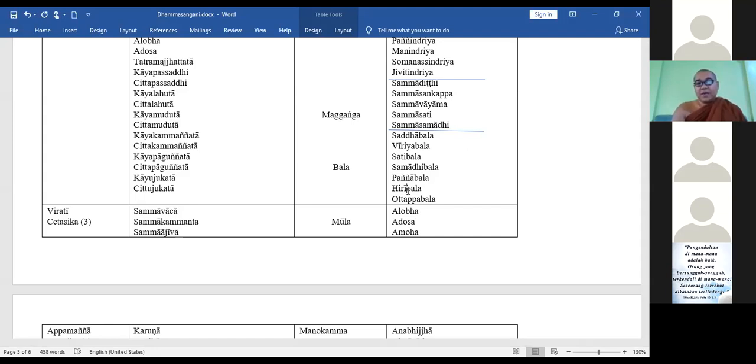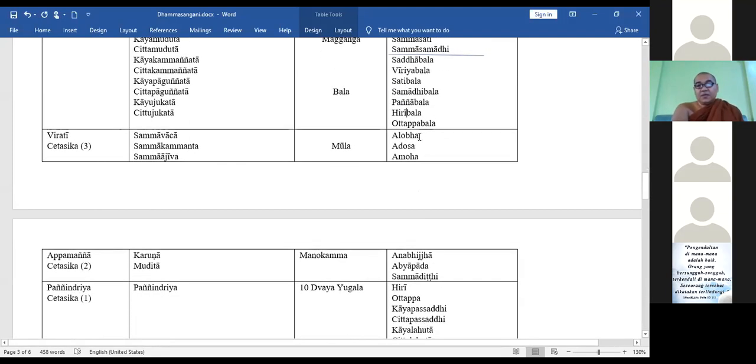That's why by seeing Hiri and Ottappa also, we can easily understand what would be the Kusala. What would be the meaning of Kusala? What the Dhamma Kusala refers to. So also here, Alobha means what? Alobha means no greed. Lobha is greed, alobha no greed.